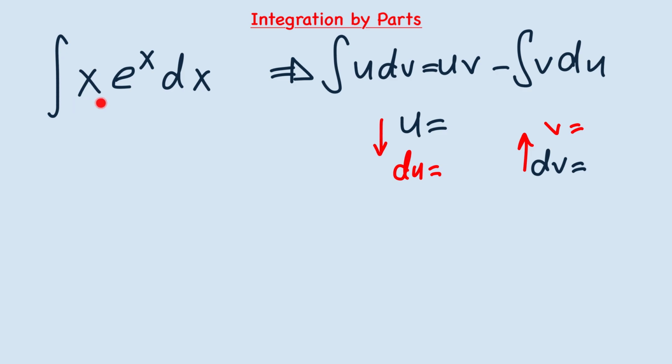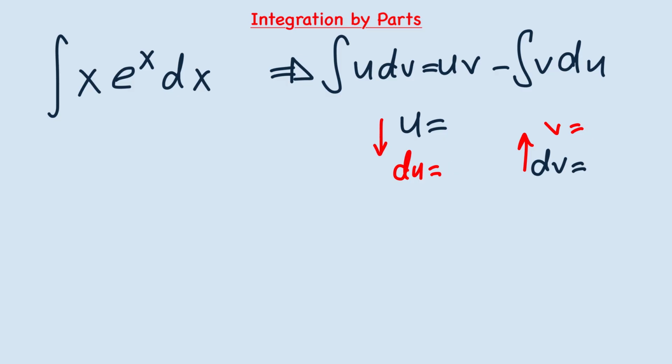So for example, in this question, if we choose x as u, when we differentiate it to find du, we'll get only 1, because the derivative of x is only 1. But if we set u as e to the power x and find the derivative of that, you will get again e to the power of x, right?